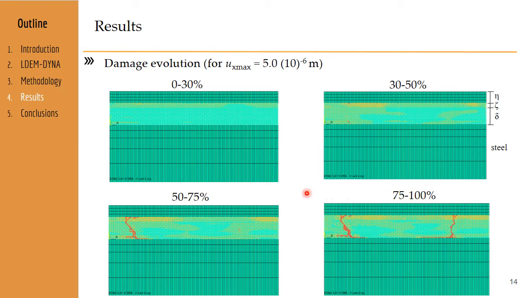When we have 30–50% of the displacement applied, the damage started in both phases zeta and delta, and when we have 50–75% of the displacement applied, the first crack appears. In the next stage, at the end of the simulation, occurs the appearance of a second crack.